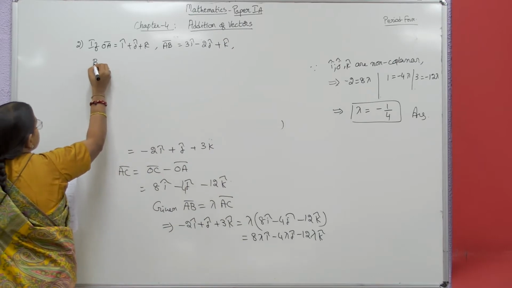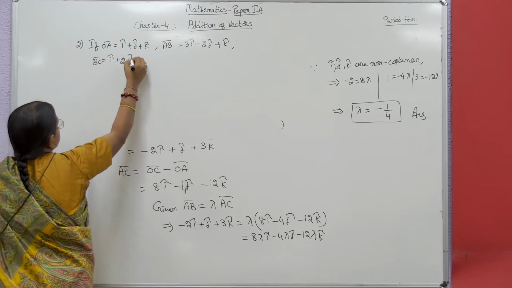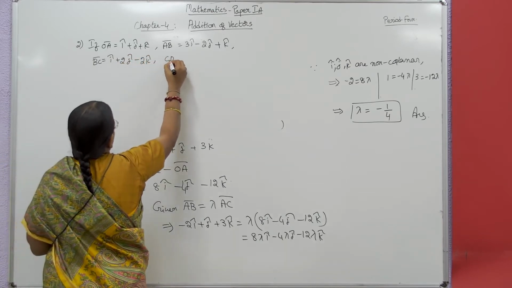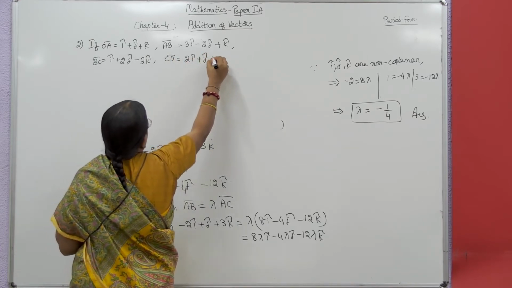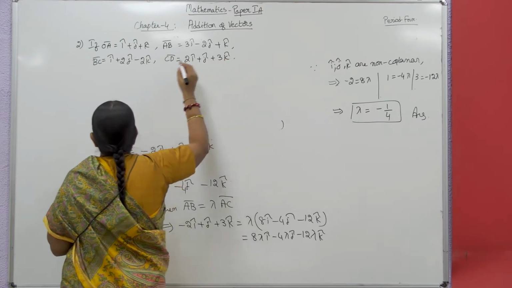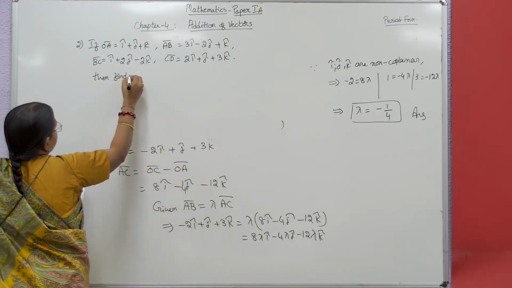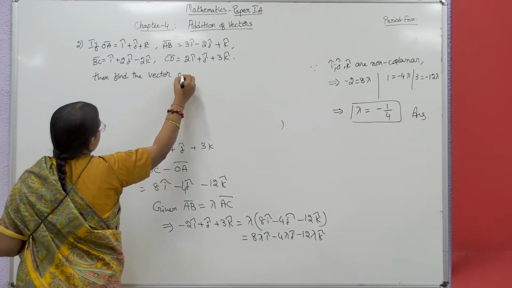And then BC is equal to i plus 2j minus 2k, and then CD is equal to 2i plus j plus 3k. Then find the vector OD.